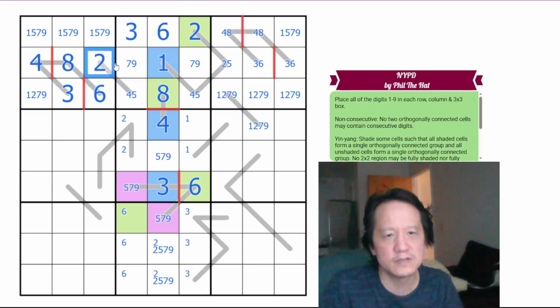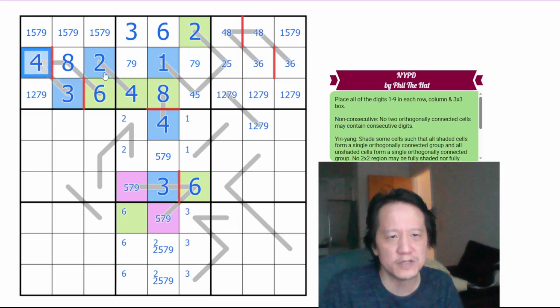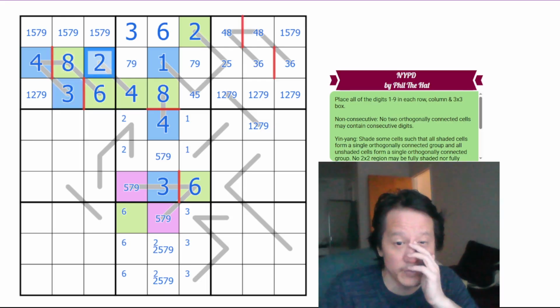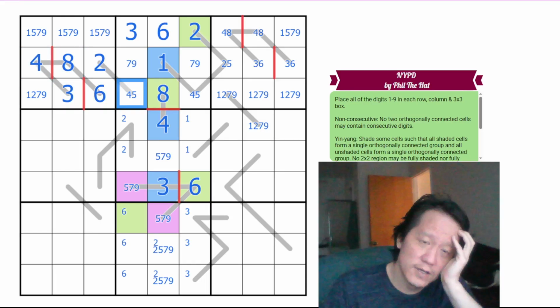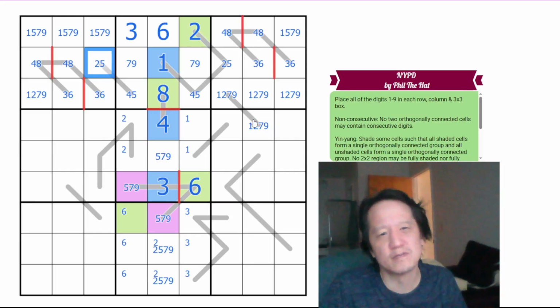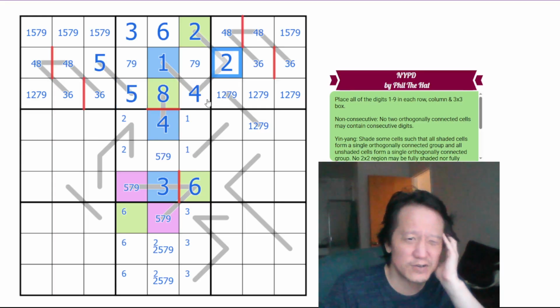Therefore, this is 4 and doubled here. This is green. This is green. This is doubled. This is doubled, and this is green, but then we have that deadly pattern. So the 2 cannot be here. So this has to be 5 then. That makes that 5. This is 2. Okay, so then how did we screw that up then? I don't know.